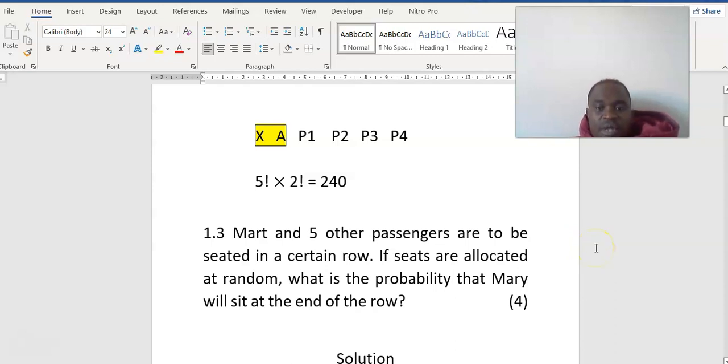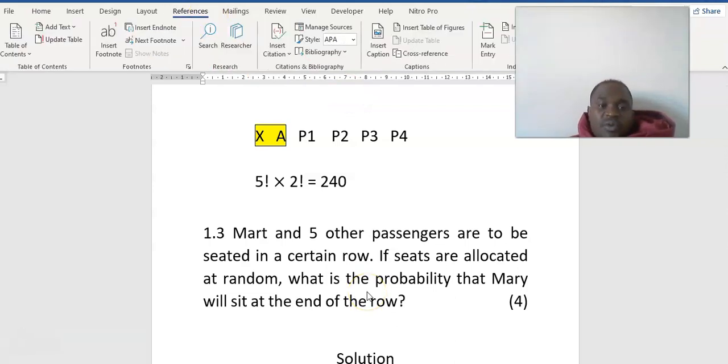If the seats are located at random, what is the probability that Mary will sit at the end of the row?